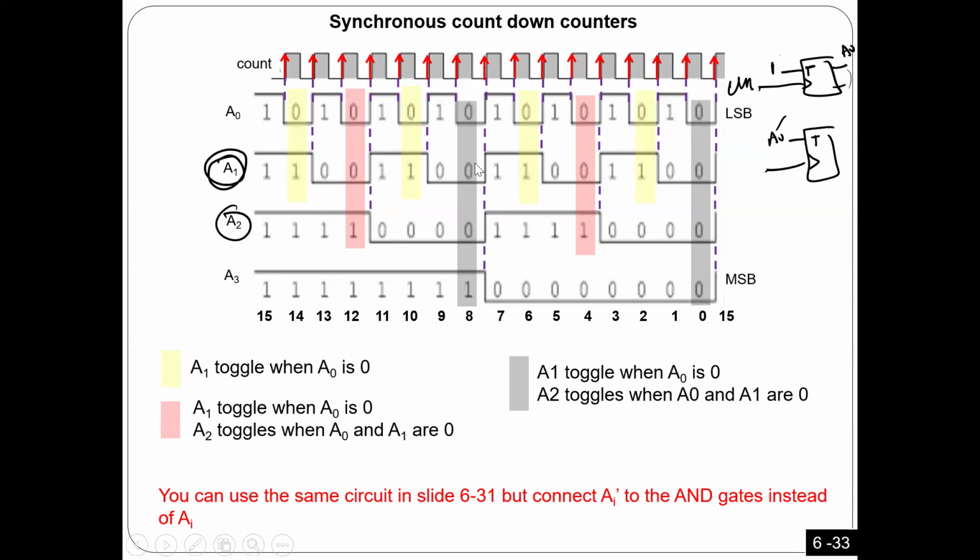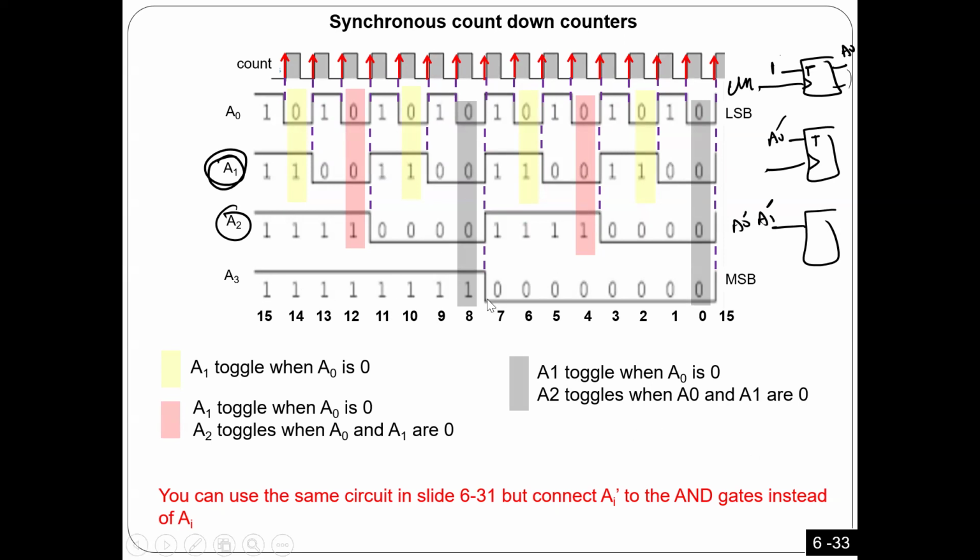Every time it's 0 and 0, it has to toggle. Otherwise, no change. How can I design it? This one has to be A naught prime AND A1 prime. It's the same thing as count up, but in count up there is no prime. Makes sense?